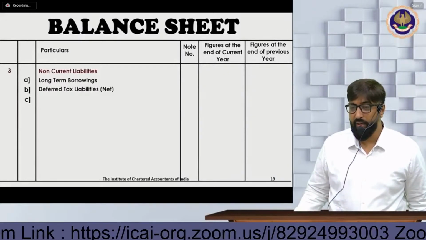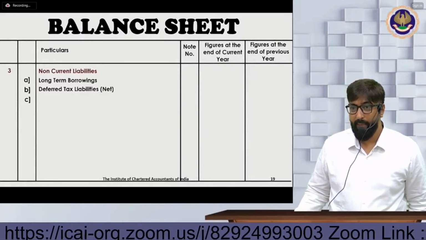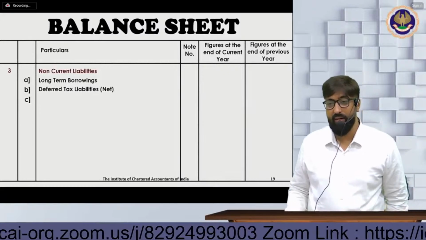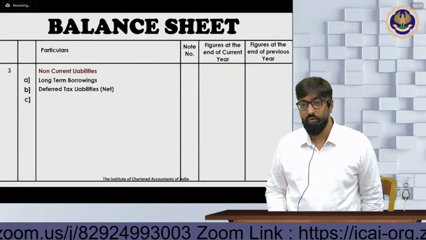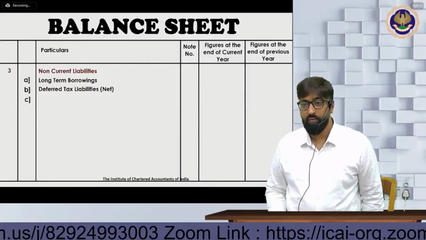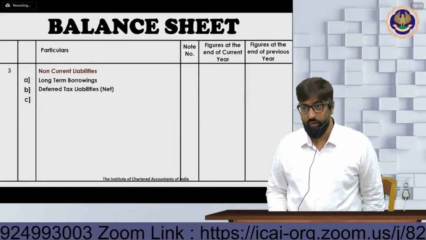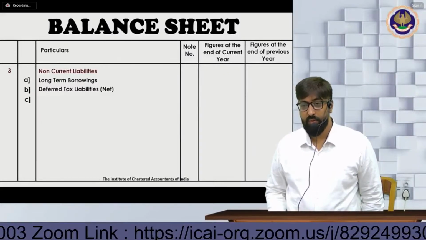When is accounting income greater or taxable income greater, when you will have the deferred tax liability? You already covered, no? Very good, Nidhi. Very good. Other students?